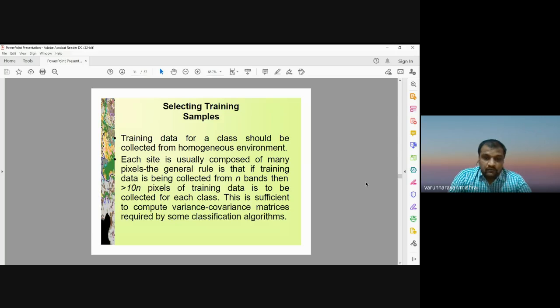If it is a 5-band data set, you need to select 10 into 5, a total of 50 pixels for a particular class during the collection of the training sample. This is the way we can go for the selection of training samples, so that it is very useful to compute the variance and covariance matrices that are very important for the classification algorithm.